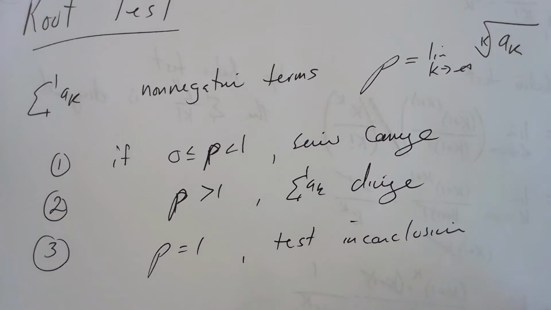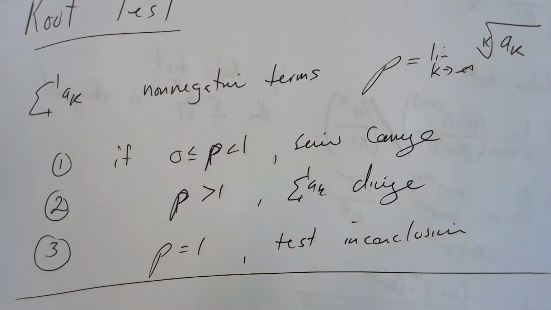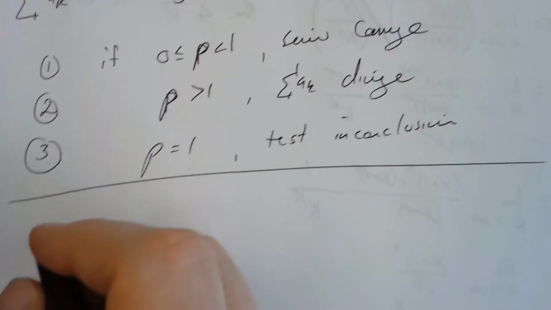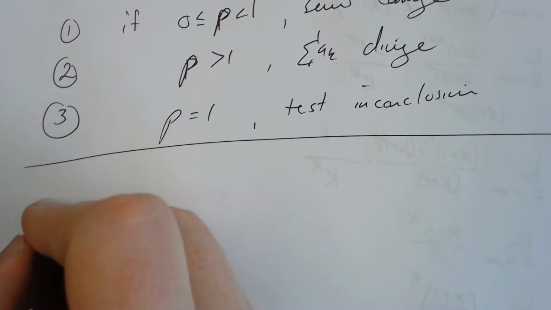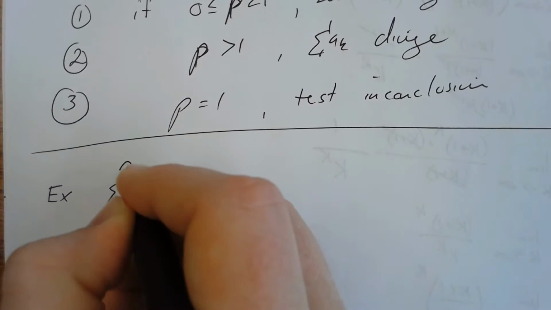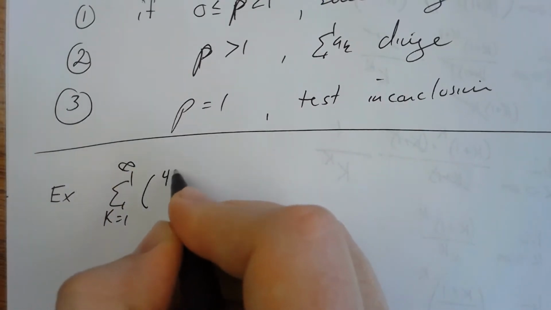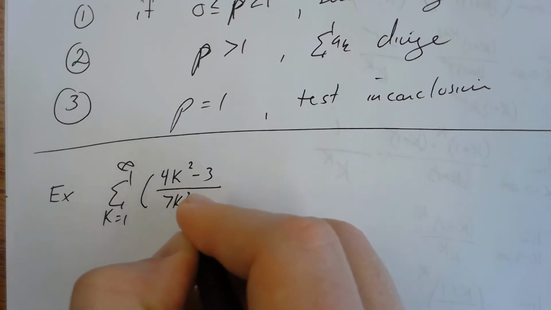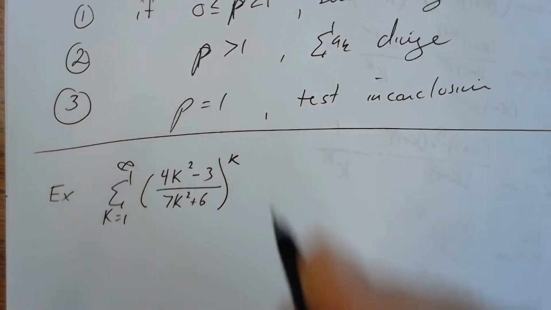The proof for this is relatively complex and more difficult to show than the ratio test proof, so we're going to bypass the proof and jump straight into utilizing it. The root test in terms of its use is going to start with examples that look like this: the sum from k equals 1 to infinity of some obnoxious looking function all to the power of k.